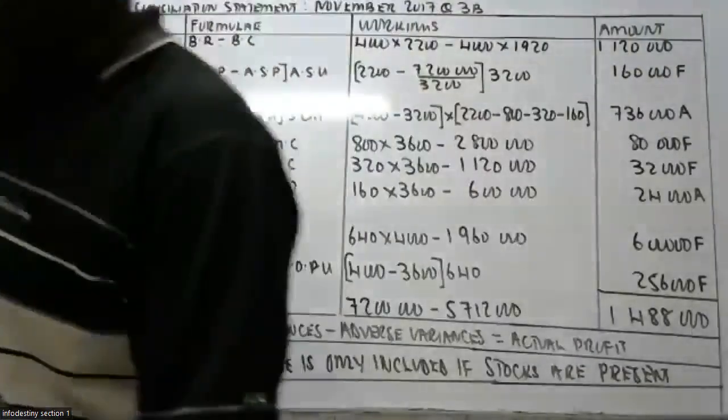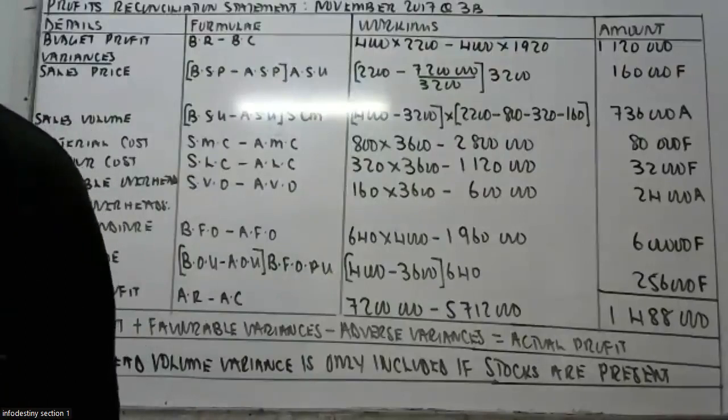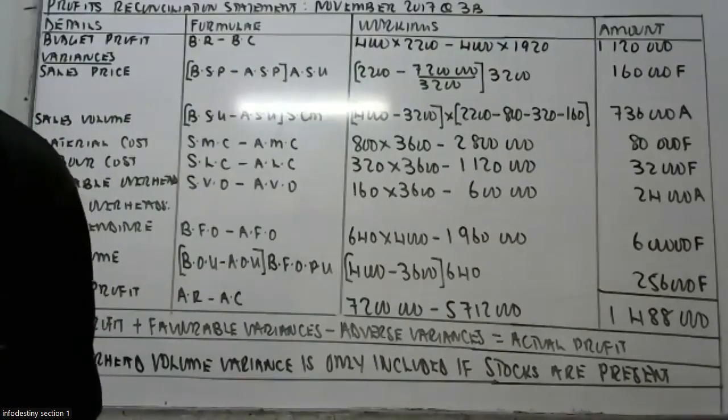So if that is well understood, then I can suggest another question that you can look at. Kuna ile swali tulikuwa tunatumia when we began variances, that question required you reconcile, so you can look at it.